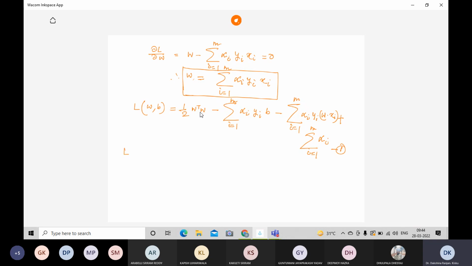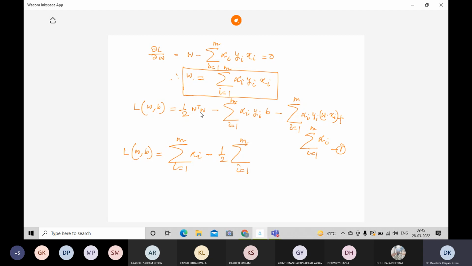We will obtain L of w comma b equals to summation over alpha i, here i equals to 1 to m, minus half of, so it is your duty to solve this equation. Okay, so after putting the value of w in this expanded form of the Lagrangian equation, you will get this.